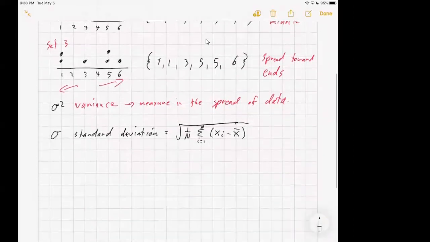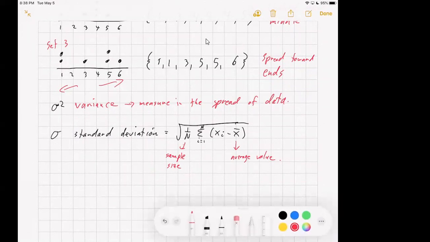Now let's figure out what some of these things are. n is what's called the sample size. We have 6 dots in all of these pictures, so the sample size is 6. x with a bar over it means the average value. Now in this formula we do a lot of things.